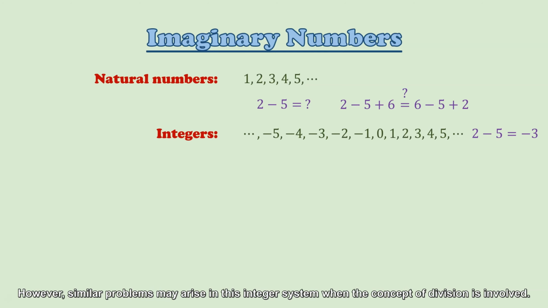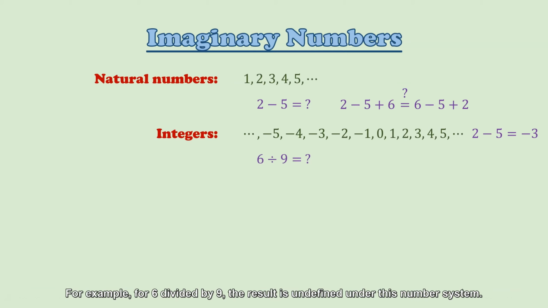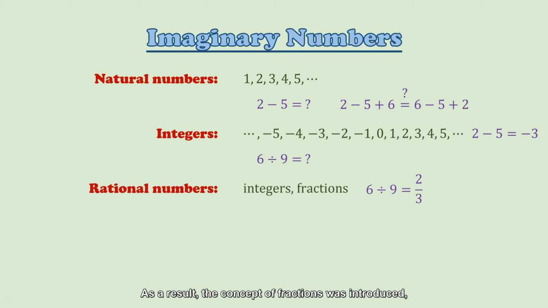However, similar problems may arise in this integer system when the concept of division is involved. For example, for 6 divided by 9, the result is undefined under this number system. As a result, the concept of fractions was introduced, and the number system was then extended to rational numbers.